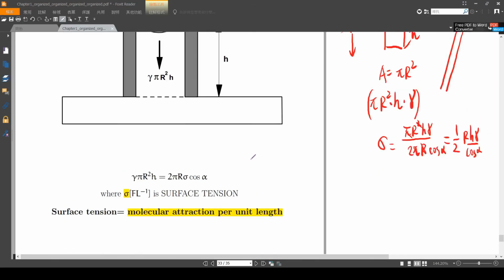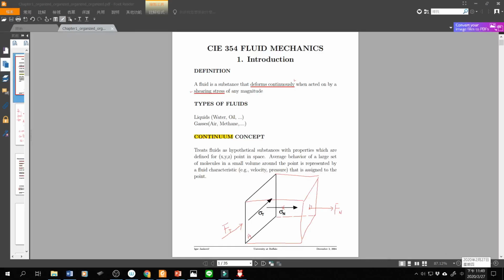So this is the final part of chapter 1, all about the introduction. In this introductory chapter, we discussed several fundamental aspects of fluid mechanics. We started from the definition of a fluid, and then the continuum concept when we try to analyze a fluid. Also, we introduced the dimensions, including 2 different systems, the SI system and the BG system, in the unit system.